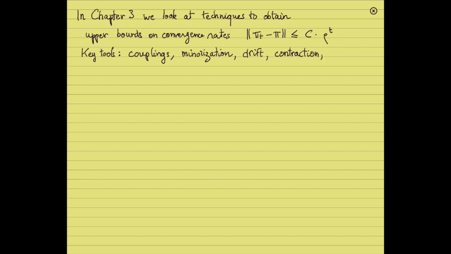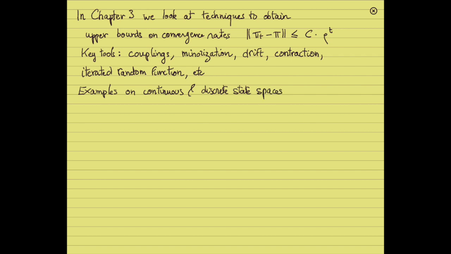For example, minorization conditions, drift conditions, contractions, the representation of Markov chains in terms of iterated random functions, and a number of such ideas. And the reason why there are so many ideas is because there are, in a sense, so many Markov chains on continuous or discrete state spaces, Markov chains generated by different types of algorithms. And so there's a diversity of techniques in order to treat a lot of those cases as accurately as possible.